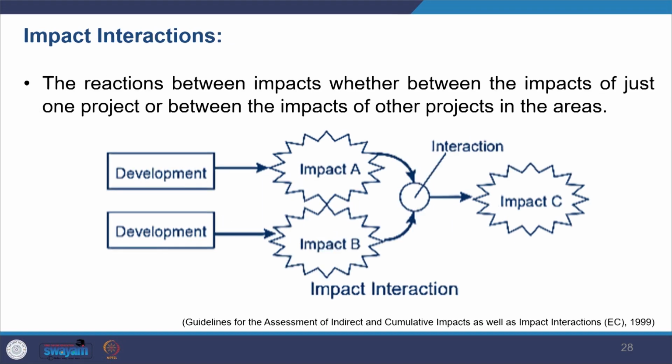And then you also see impact interaction, the reaction between impacts, whether between the impacts of just one project or between the impacts of other projects in the area. So you see impact interaction: impact A and impact B causing impact C from development A and development B. This is impact interaction.